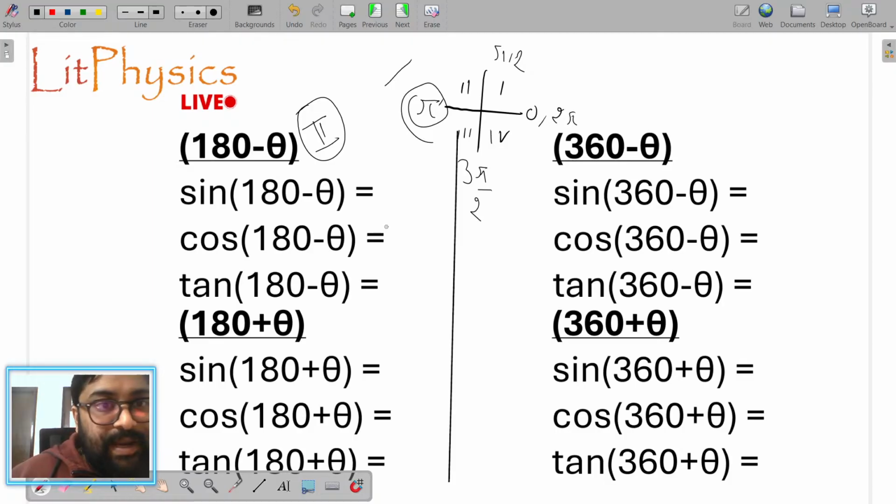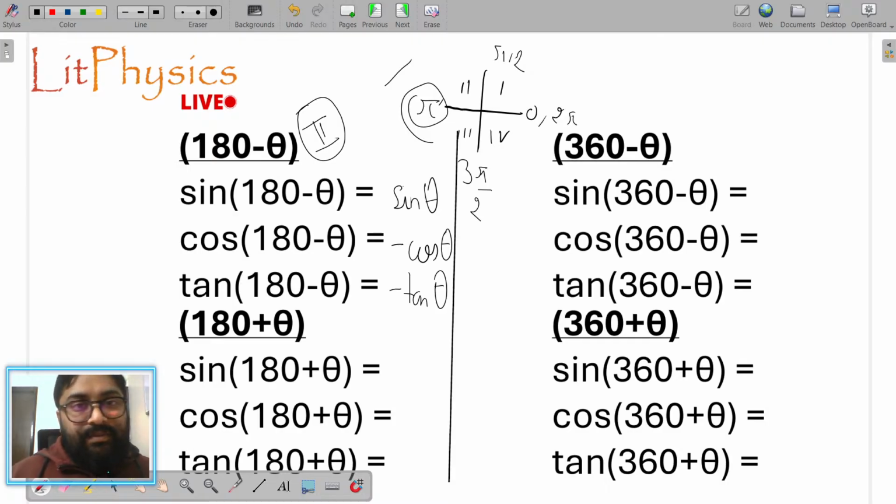Therefore, sine of 180 minus theta becomes sine theta. Remember, we don't change sine to cos in 180 minus theta. When we have 180 and 360, we don't change it. So cos of 180 minus theta, we are in the second quadrant, only sine is positive, so this becomes minus cos theta. Tan of 180 minus theta, again minus tan theta, okay?